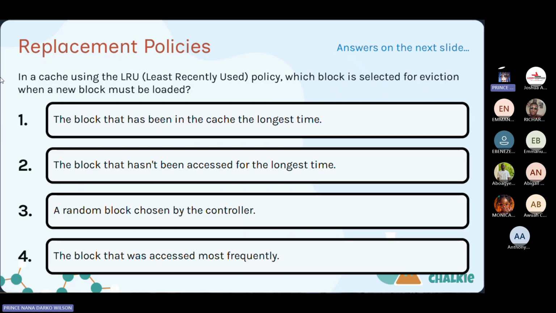Is it 1, the block that has been in the cache the longest time? 2, the block that hasn't been accessed for the longest time? 3, a random block chosen by the controller? Or 4, the block that was accessed most frequently? Very tricky answers. Let's consider them carefully before we answer.